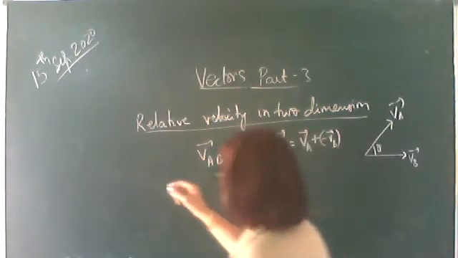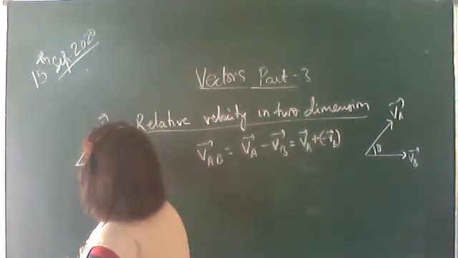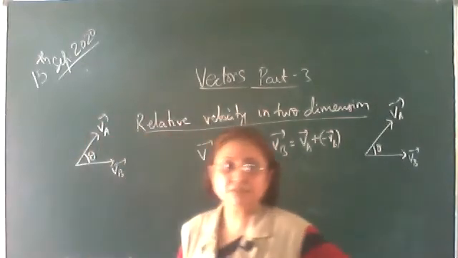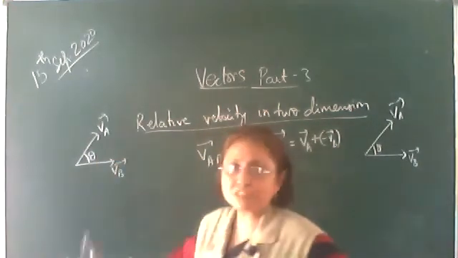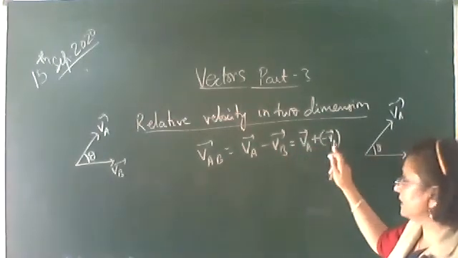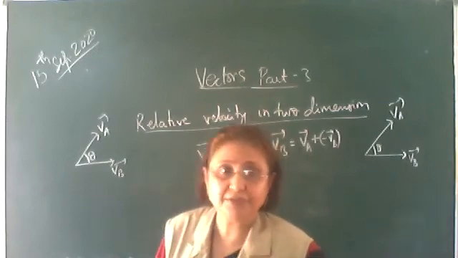Okay, I will redraw this figure as this is VA vector, this is VB vector. And the angle between the two vectors is theta. That is, both the objects are moving in different directions, making an angle theta with each other. Now we have to add VA vector to minus VB vector. So first we'll find out minus VB vector.